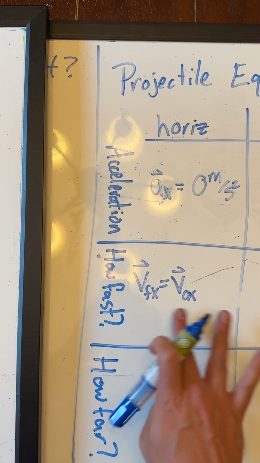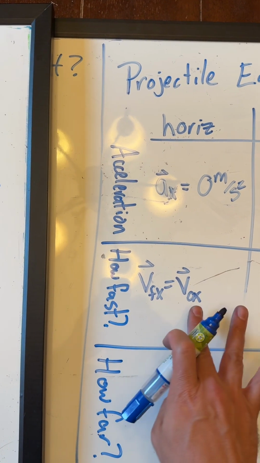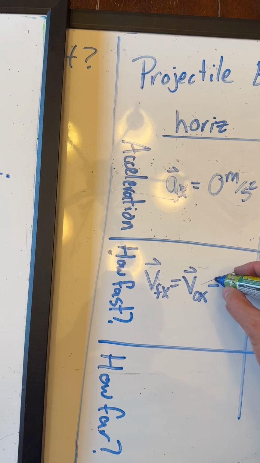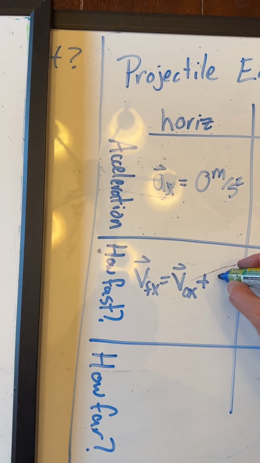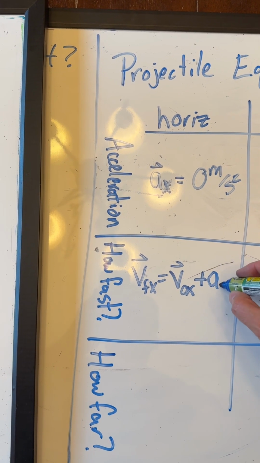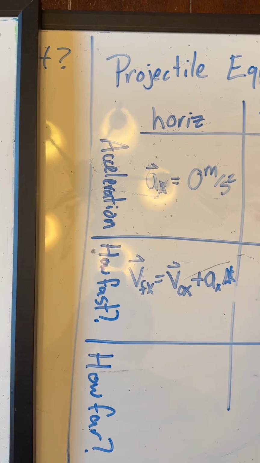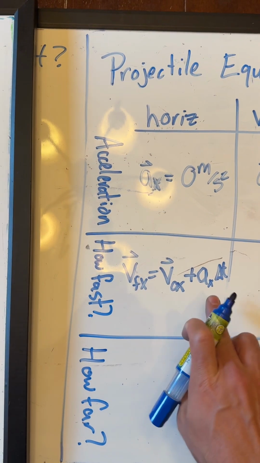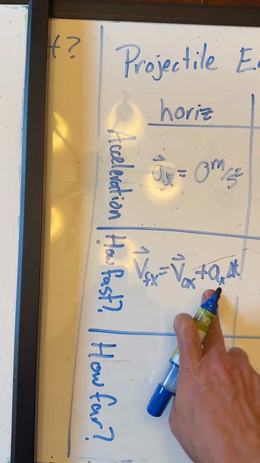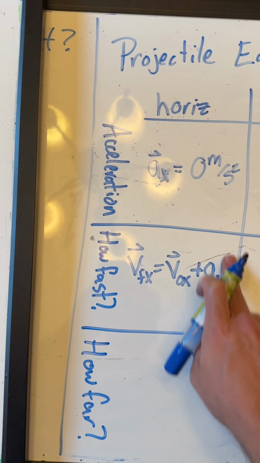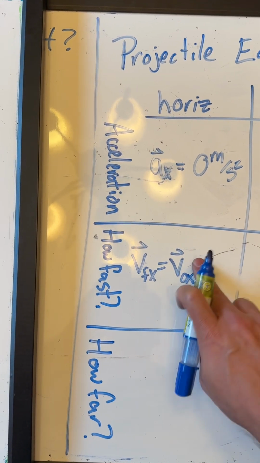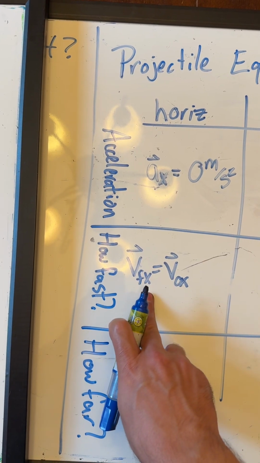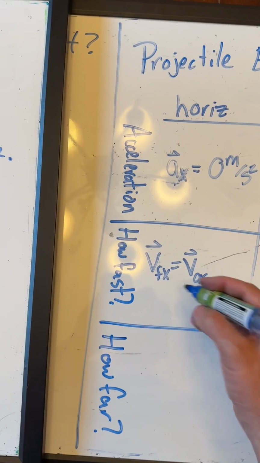Like I said yesterday, my x direction and my y direction are not related to each other. So I can move in the x without moving in the y. And then this is going to be plus a_x times delta t, which is great. It's my old how fast formula, except here's the thing, that's 0. So I'm left with this: v_f equals v naught x. So the final x velocity is equal to the initial x velocity.